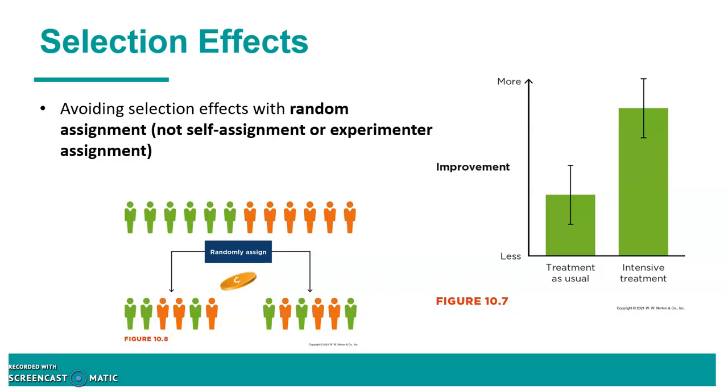Okay, so you of course don't want to, as the experimenter, assign all the happy babies to one condition, all the sad babies to the other one. So that would be an example of a selection effect. Also, if participants are able to self-assign, then you're going to have selection effects there too. Okay.